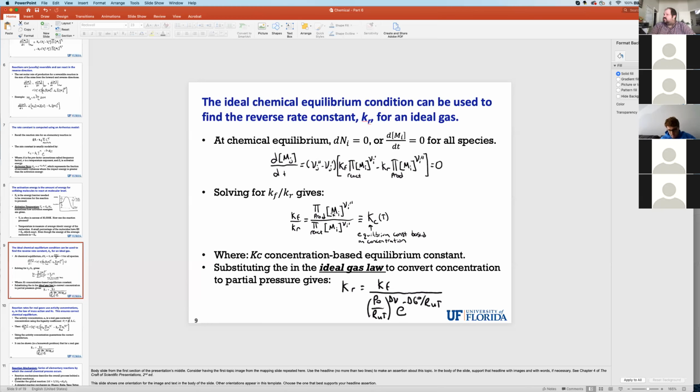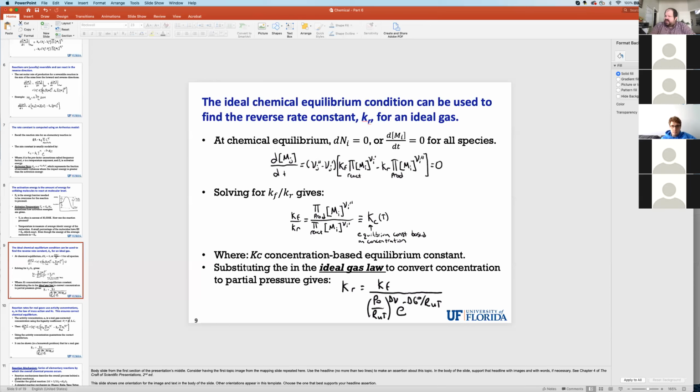You can use the ideal gas law and get this in terms of partial pressures and mole fractions. And you can relate Kc to the Kp, the pressure-based equilibrium constant that we had in the equilibrium slides. Anyways, I'm going to skip the derivation. It's in just about every single combustion book there is.